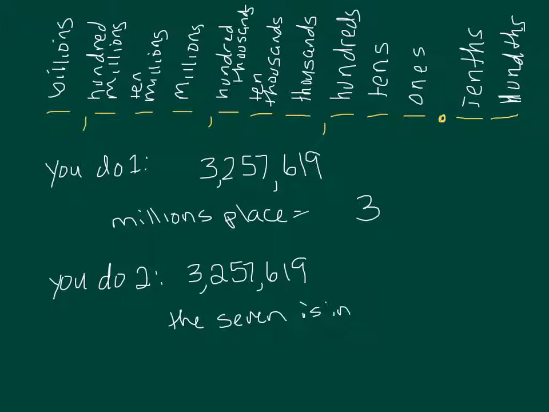Okay, so the 7 here, so you have one set, that's the ones set, and then you have the very next one. So here's my ones set, and then the very next one, the 7, is in the thousands. I want it in word form, in the thousands place. Okay, that's how you answer that.